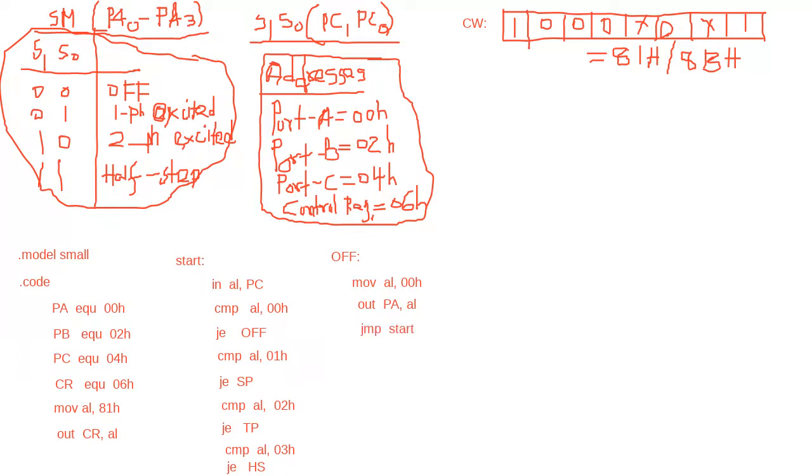Then what about the single phase? SP, single phase mode. Move AL comma, single phase mode, you know, I said we have to send 11H. Can you remember that one? Single phase mode, send 11H, and then out port A comma AL.